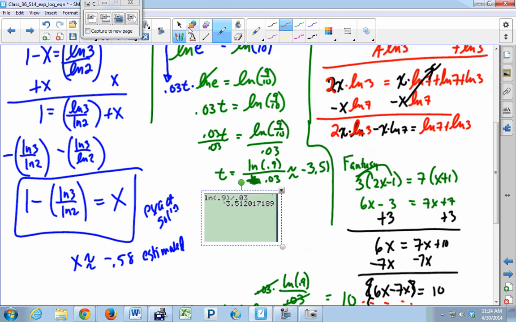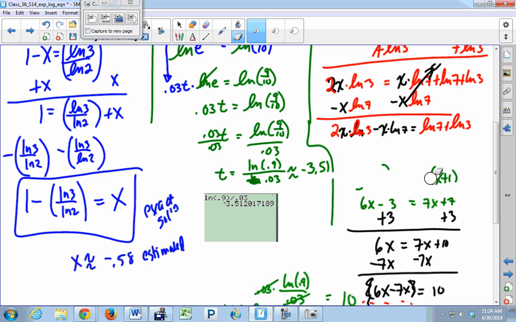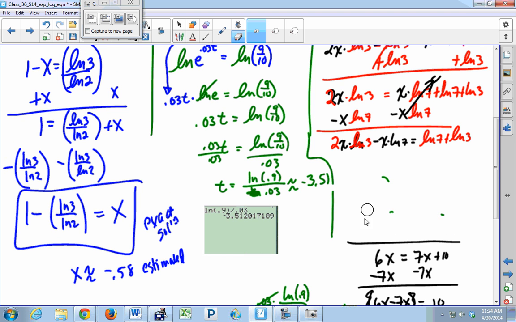So up here, we've got to kind of erase our fantasy equation so we can finish. Look at that expression on your left side. They both have x's, and what you want to do is subtract your coefficients. Here's your coefficient, 2 times the natural log of 3, take away the natural log of 7.